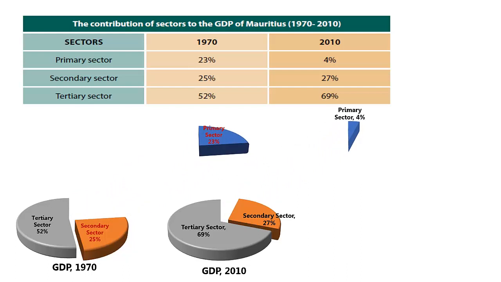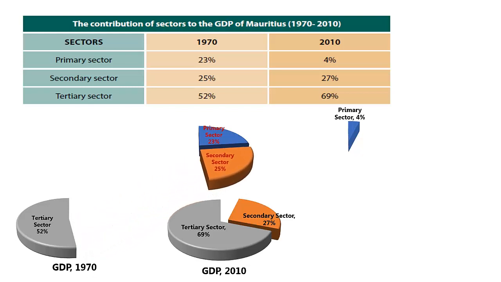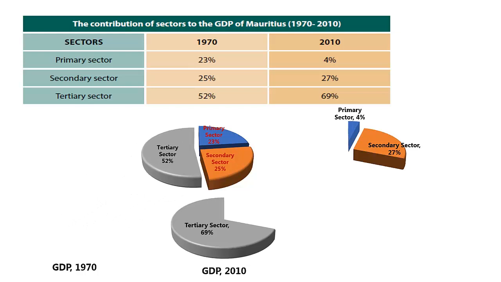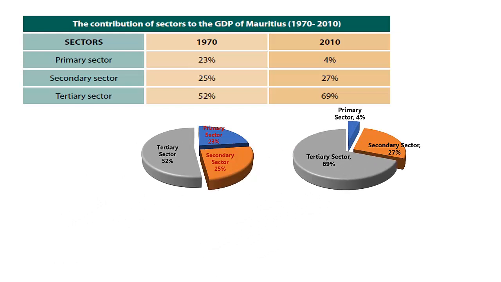The proportion of the contribution of the secondary sector to the economy has slightly increased. On the other hand, the proportion of the contribution of the tertiary sector to the economy had significantly increased during that period. In the 21st century, the share of the primary sector has contracted significantly as activities such as agriculture are being replaced by factories and services.